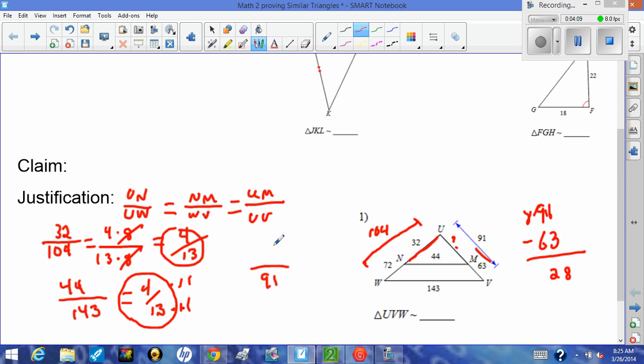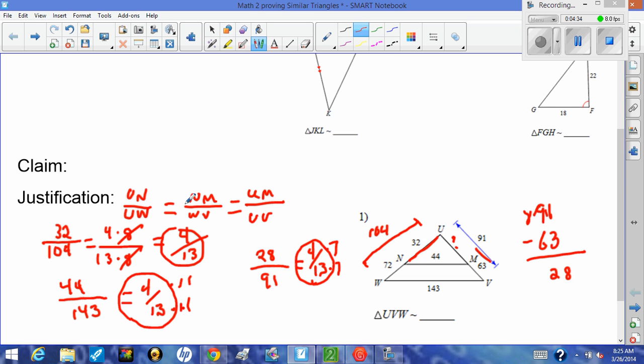We know that UM is going to be 28. Again, using the concept that we know our ratio needs to be 4 over 13, 4 times 7 is 28, and 13 times 7 is 91. With some quick mental math, we show it is.